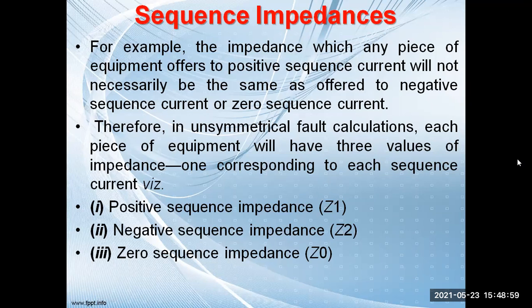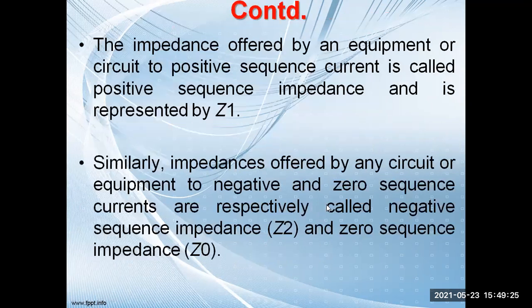These three sequence impedances may not have equal value because their currents are different. If the currents are different, their sequence impedances will also be different. So there are three sequence impedances: the positive sequence impedance, the negative sequence impedance, and the zero sequence impedance. These are the three impedances placed in the networks.